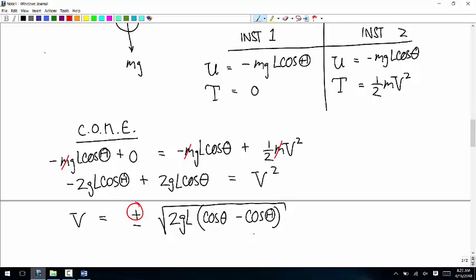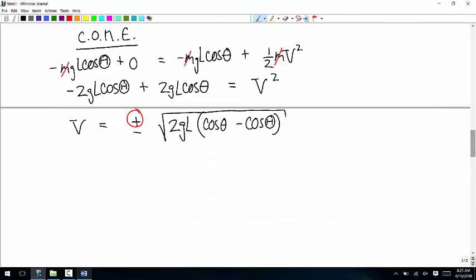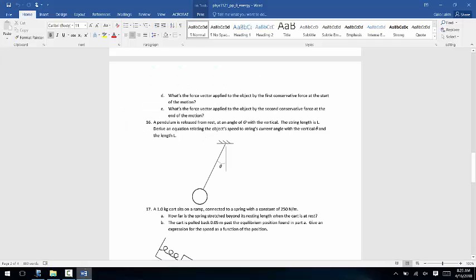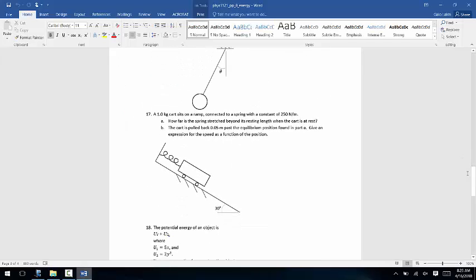Okay, and then you wanted to see also 17? You've got a cart on a ramp connected to a spring. We have to calculate how far it's stretched beyond its resting length when it's at rest.